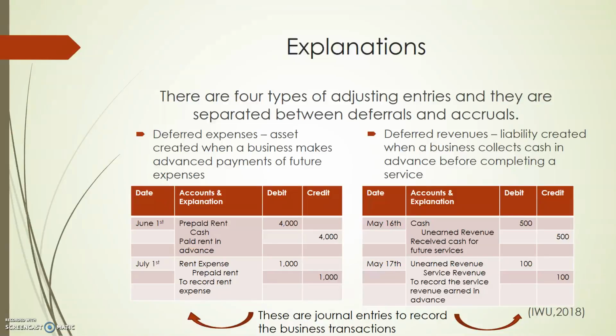So each time that family gets their grass cut, that will be $100. And on the chart, it tells you that the family paid $500 cash, and that the reason why is that it was received for future services.